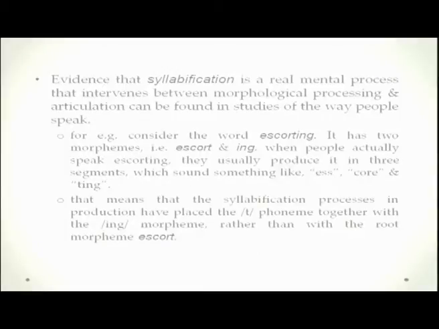That basically means that the syllabification process has taken the T from escort and pushed it to a different syllable. So, the T comes to the third one, but technically, morphemically, escort should be in one and ing should be separate. But the way you've divided it in syllable fashion, you've put es, cor and ting.